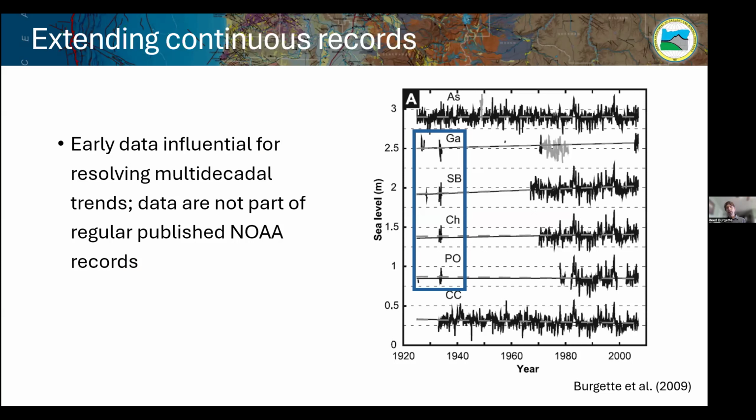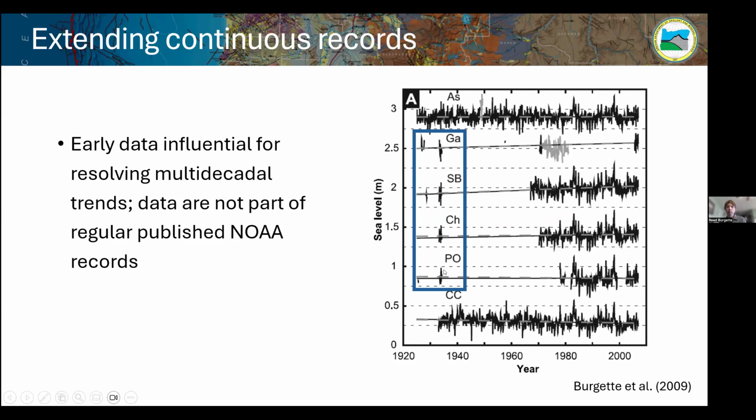At Cascadia, one of the things that we did was, in addition to the continuous time series of sea level data that are available from NOAA on websites, we went back to the archives and found months of older data that were not available anywhere else, and digitized hourly records into monthly means that are plotted here.